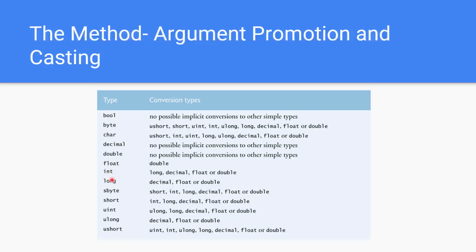We can see an int can be promoted to a long, a decimal, a float, or a double. All of these data types can accommodate what an int has. And similarly, for the most part, they follow that pattern where a smaller data type can be promoted to a larger data type.